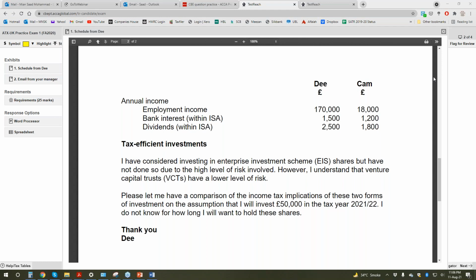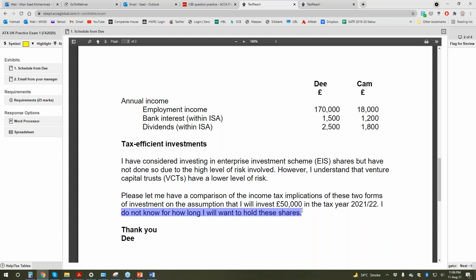Now, guys, this gives me a hint that I should then tell D for how long she should hold shares if she wishes to invest in VCT or EIS. Now, guys, there is a catch in the relief that I have just taught you.